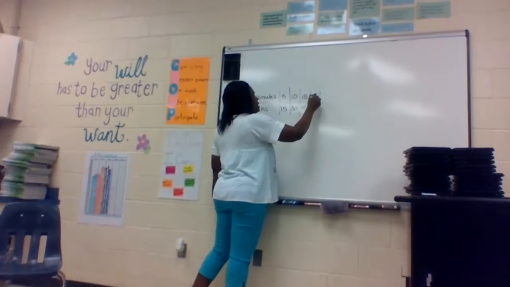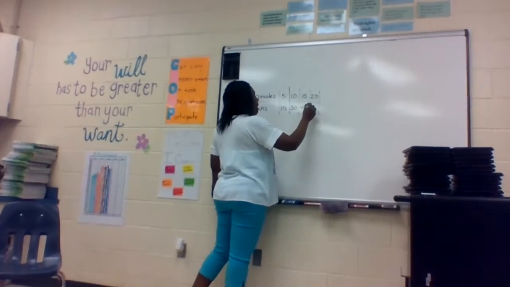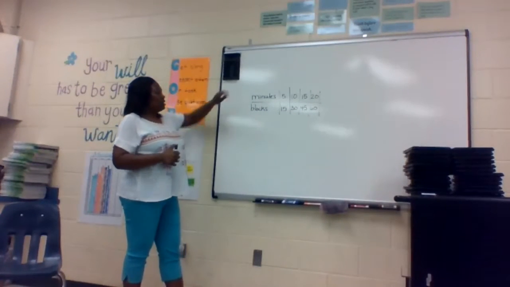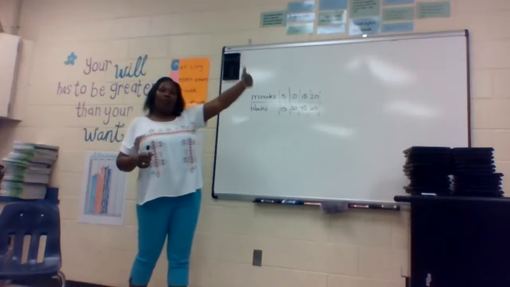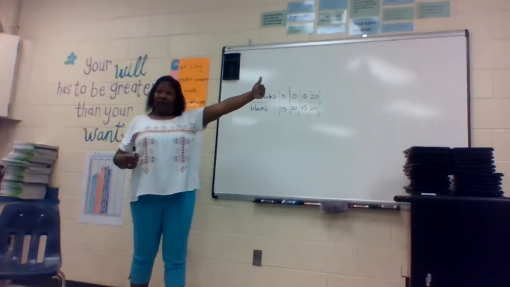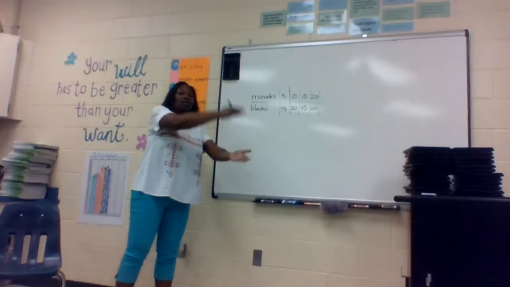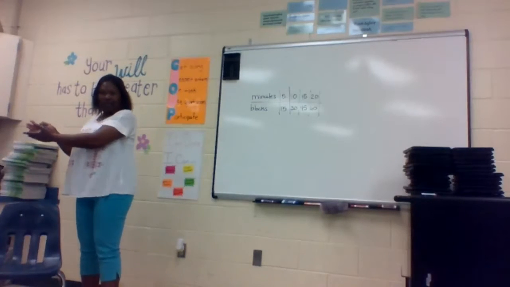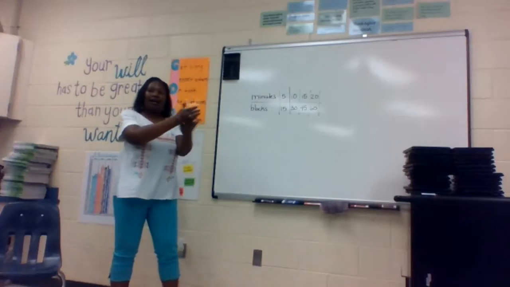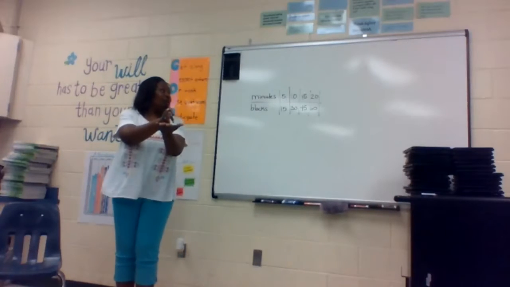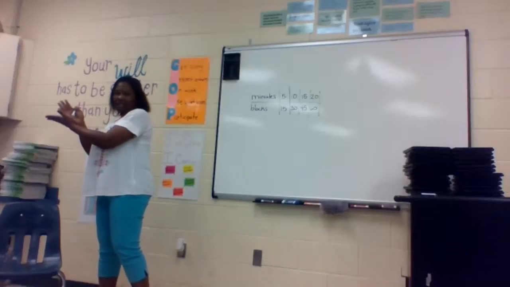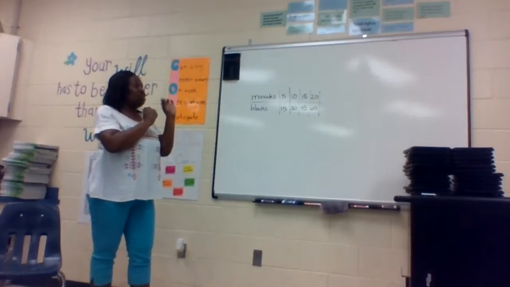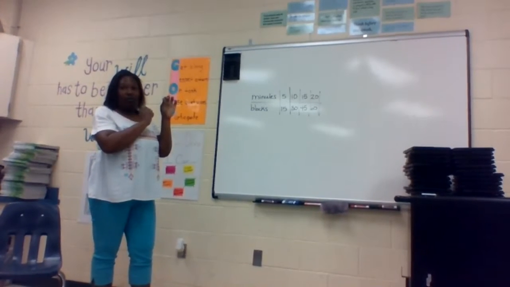And in 20 minutes? What did we do at the top? We kept going up by 5 minutes: 5, 10, 15, 20. At the bottom, I went by 15, 30, 45, 60. Now, your question says, how many blocks can she travel in 12?